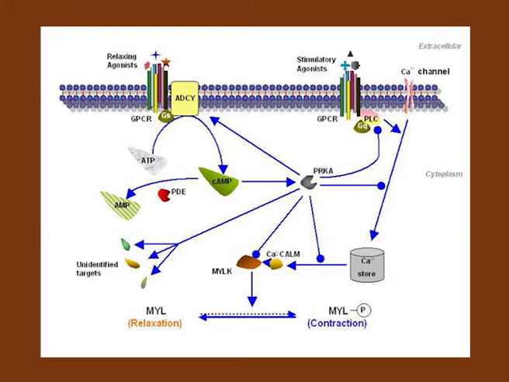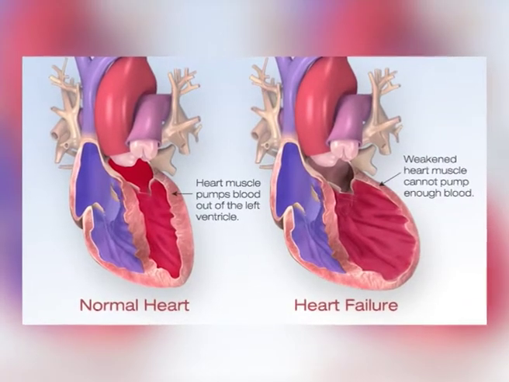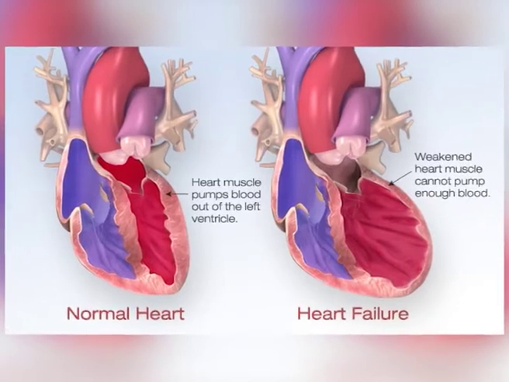Stimulation of the beta-1 receptor leads to PKA activation, and PKA phosphorylates membrane calcium channels, making them more likely to open. The increase in intracellular calcium results in an increase in the heart rate and in the strength of cardiac muscle contraction. These receptors are the target of drugs, beta blockers, that are used to treat heart failure and hypertension.